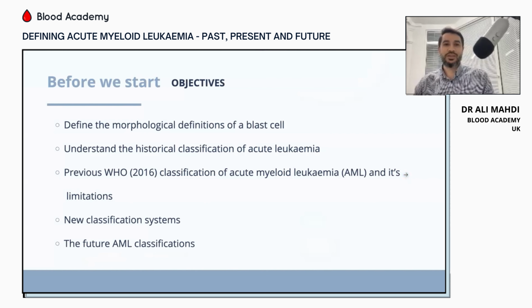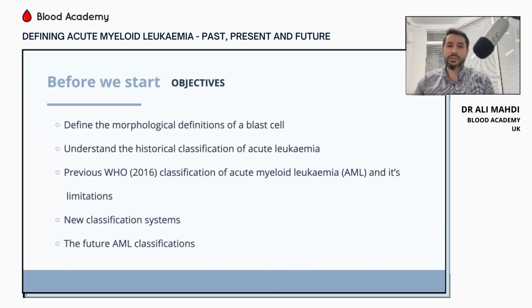Excellent. So let's make a start in terms of this webinar, and just want to highlight the main objectives and discussion points that we'll be covering today. So the first thing is really to get in our mind clear what the morphological definitions of what a blast cell is. Then understand some of the historical aspects related to acute leukemia, really going into the history 200 years ago, if not longer.